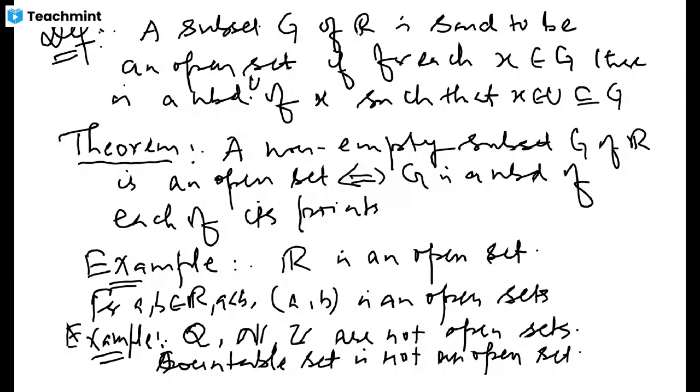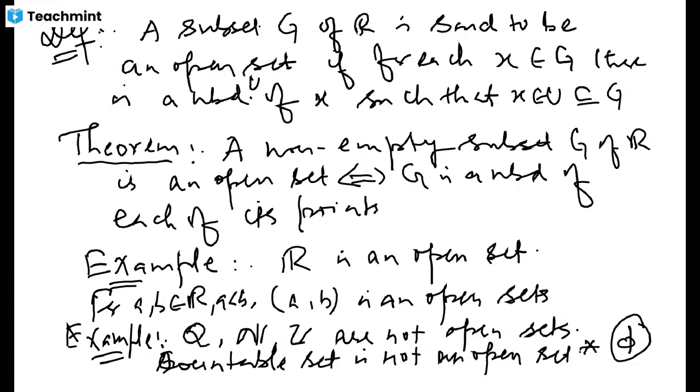Why a countable set? Because again, as argued in the previous slide, by the definition of an open set, an open set must contain a neighborhood of each of its points, and each neighborhood is an uncountable set, and so an open set is an uncountable set. So a countable set cannot be an open set, but there is an exception: the empty set phi.